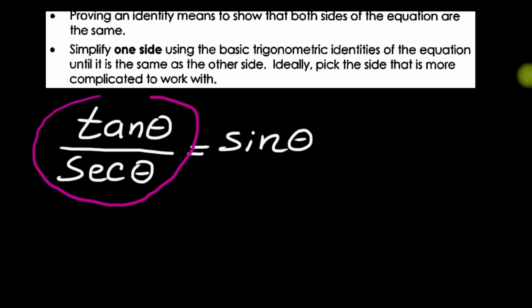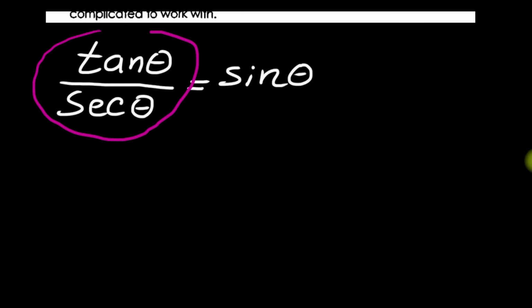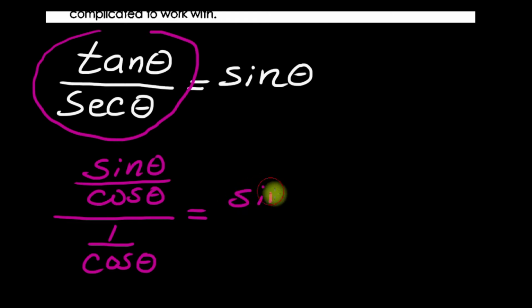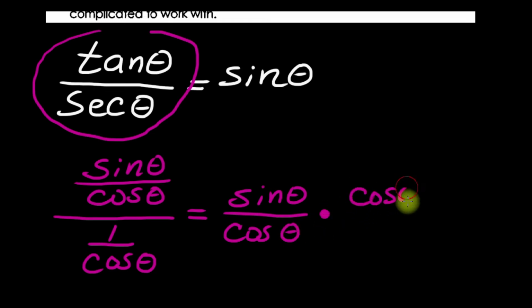First thing we have to do is rewrite tangent. Tangent is the same as sine theta over cosine theta, divided by secant theta, which is the same as 1 over cosine theta. Then we do keep change, multiply and flip: sine theta over cosine theta times cosine theta over 1.